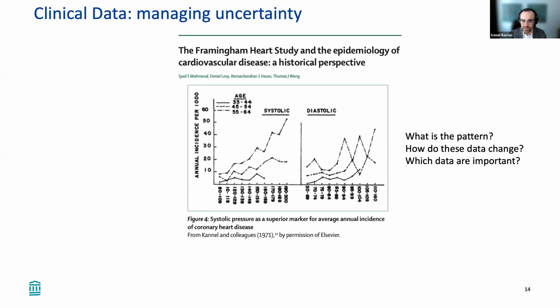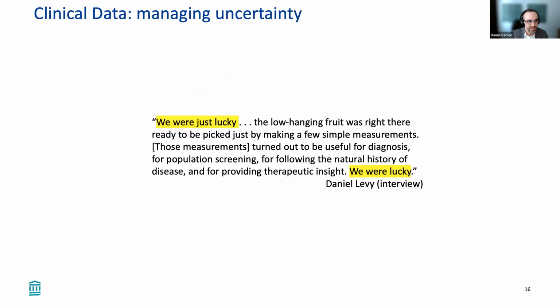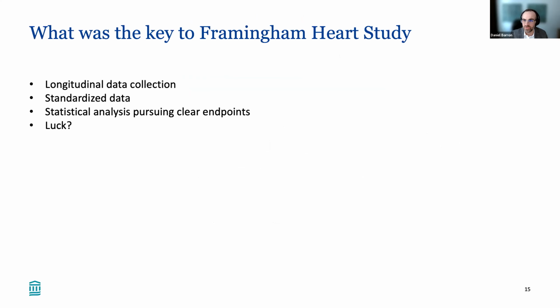So by transitioning things from, oh, that guy doesn't look so great, into parameters like systolic over diastolic blood pressure that can then be studied and traced over time, we can begin to do really cool statistics. Like we can see where the blood pressures relate to the incidence of coronary heart disease, right? And so that level of analysis isn't possible unless you create large databases longitudinally over time, because it's not obvious, right? So again, the key: longitudinal data collection, standardized data, statistical analyses, pursuing clear endpoints.